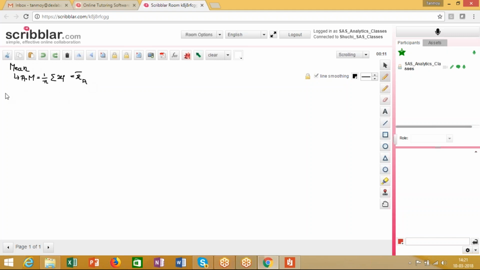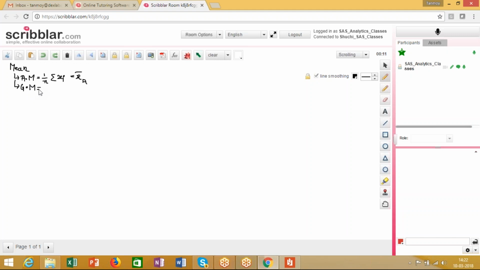The next thing we need to understand is the second type of mean, which is called the geometric mean. What is the geometric mean?